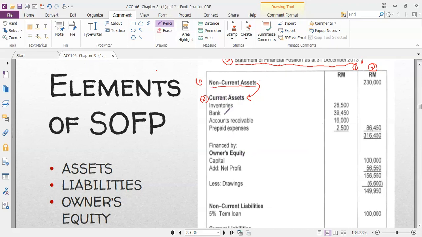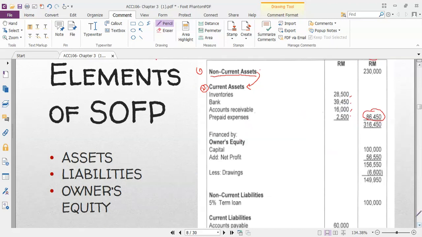Current asset dia ada inventories, ada bank, account receivable, prepaid expenses. Okay, lepas dah listkan amount dia, totalkan dekat kolom yang kedua. Okay. And then cari pula finance by honest equity.